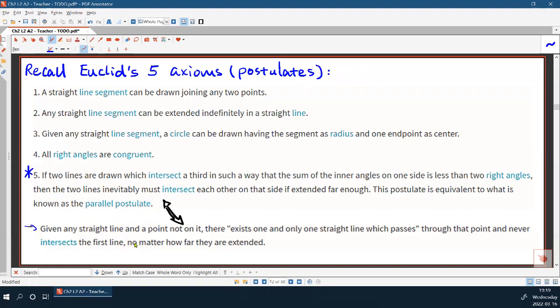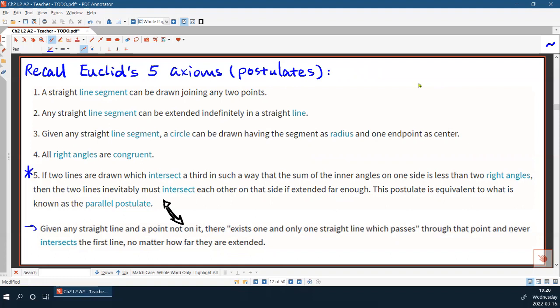Given any straight line and a point not on it, there exists one and only one straight line which passes through that point and never intersects the first line, no matter how far they are extended.